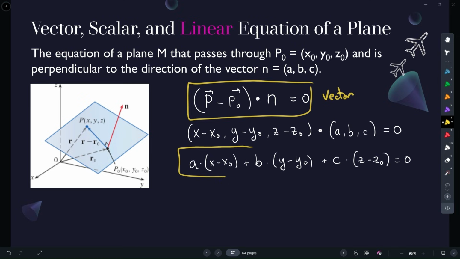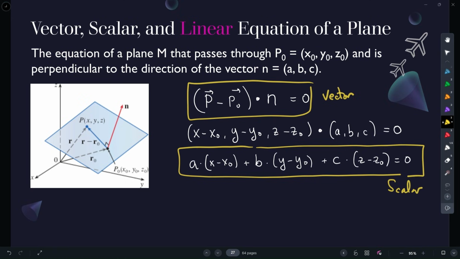This one here is what we call the scalar equation. And then you can see that I can simplify this simply by expanding those parentheses or just distributing the constant in here, and I'll get a times x minus a times x naught. a is a number, x naught is a number, so a times x naught is a number.